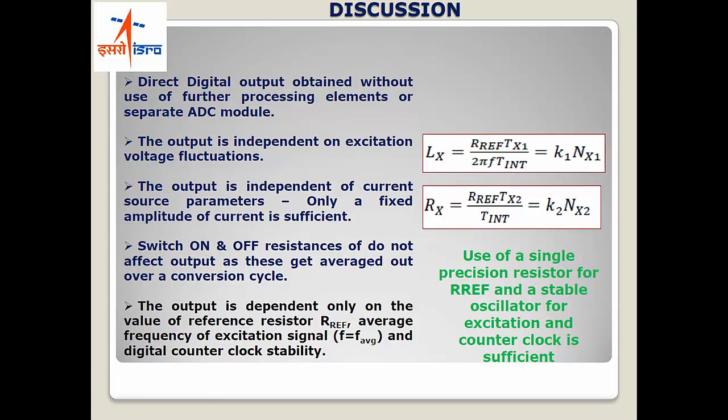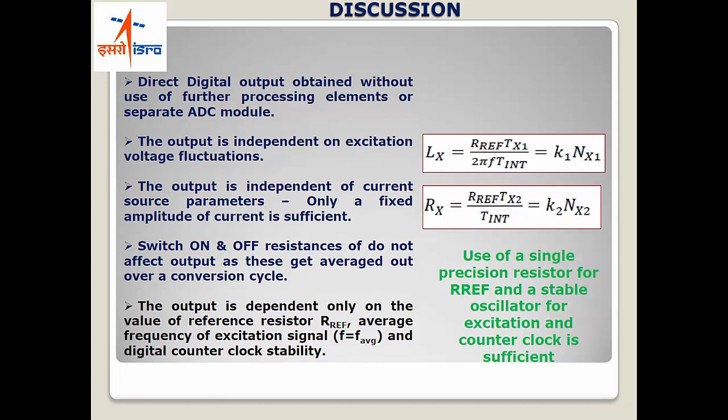So if the sine wave varies over a particular cycle, there is no concern. As long as it remains constant within a particular conversion, even if the next amplitude goes down, there is not much concern because the final output is going to be independent of that. You only need a precise value for this R reference, and you need a sine wave which has a constant frequency.